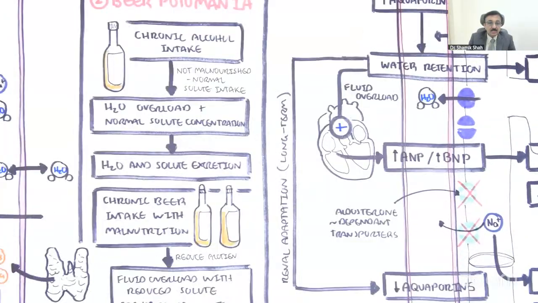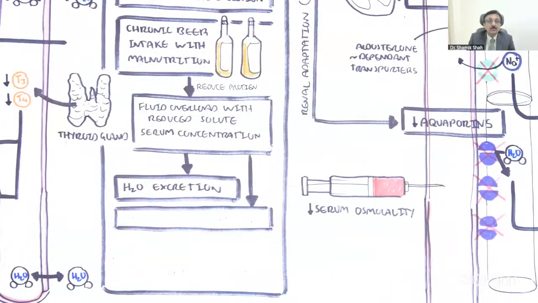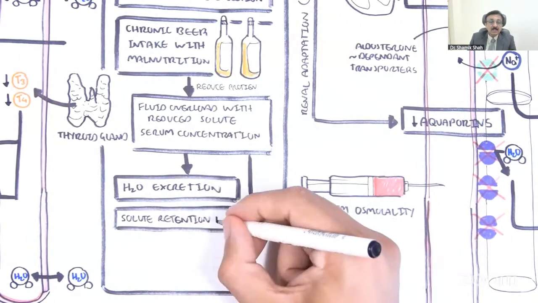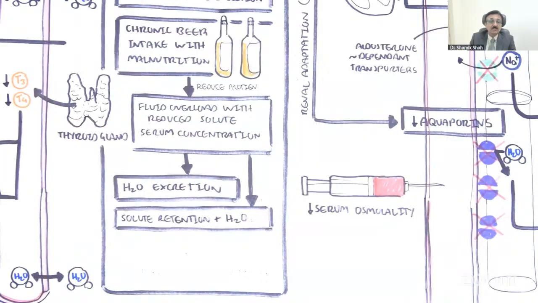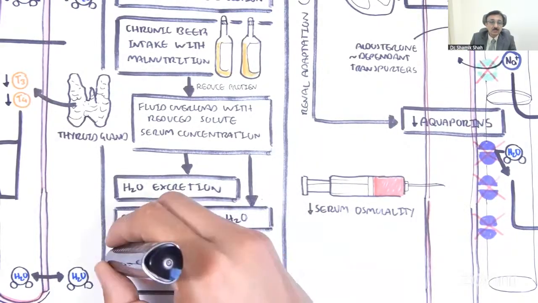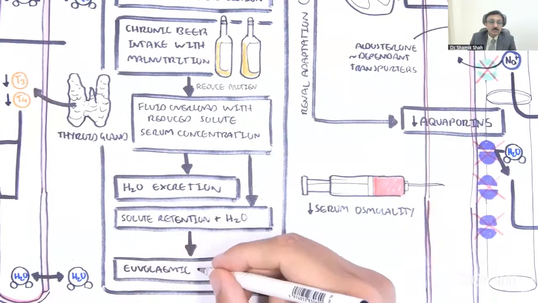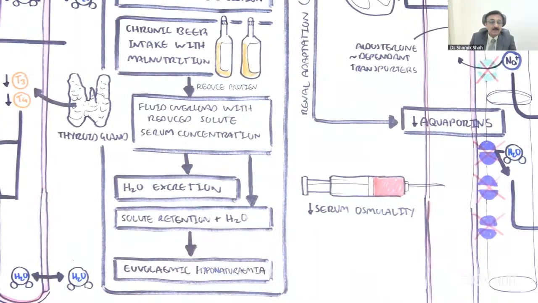So when there is a reduced protein intake and there is a fluid overload with reduced solute concentration, of course there is water retention and a solute deficit. So in this condition also, we will see that the patient will have a euvolemic hyponatremia.